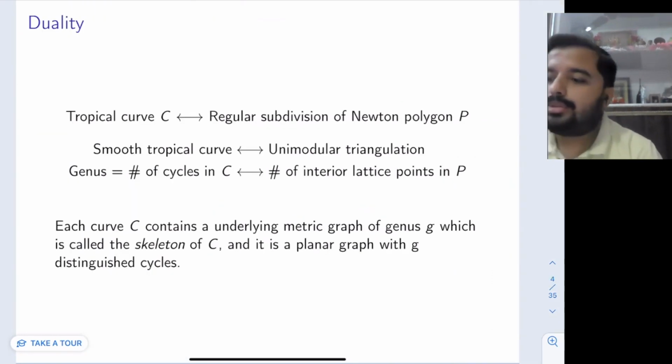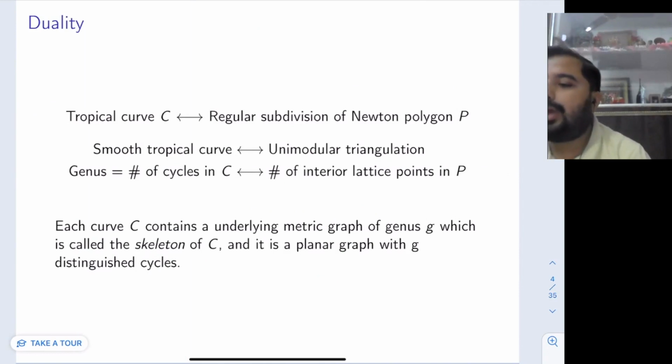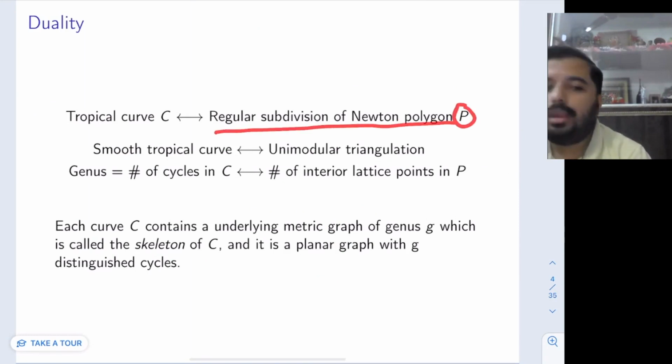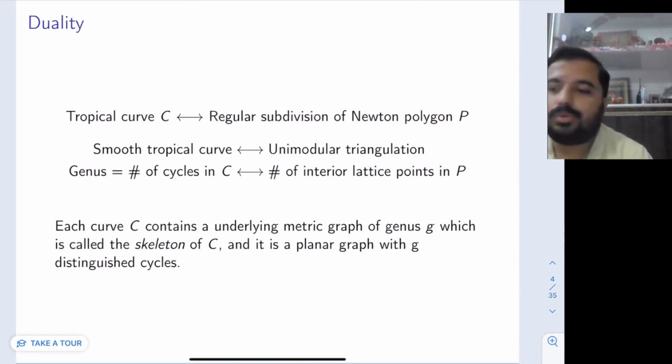The duality that I was talking about condenses in this format. If you have a tropical curve C, then that corresponds to a regular subdivision of a Newton polygon P. We are considering the smooth case, which corresponds to unimodular triangulation. Hence, in my cases, all subdivisions would be, first of all, triangulations, and then again, unimodular.